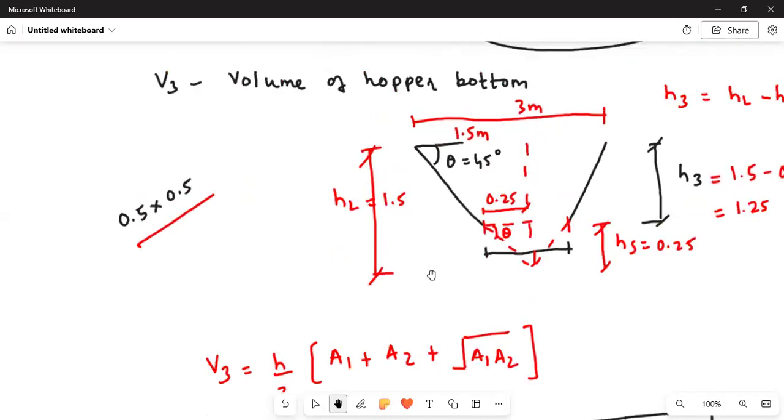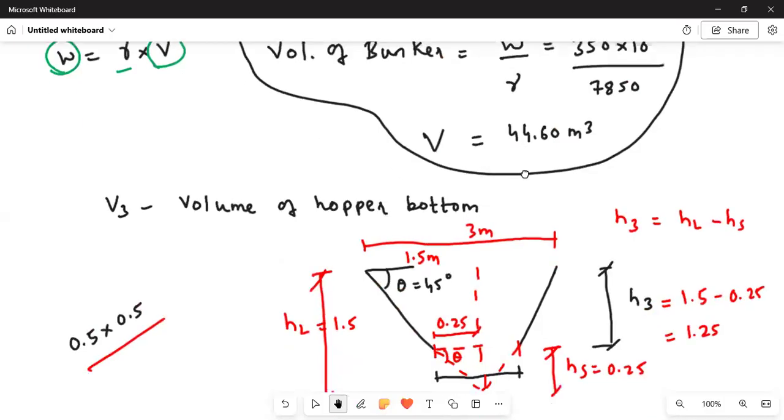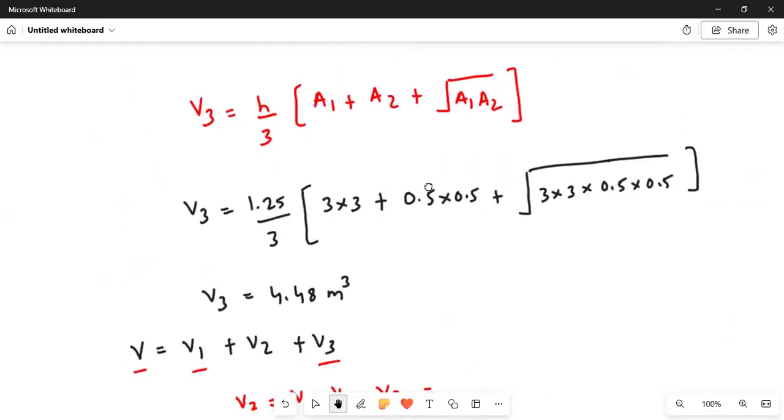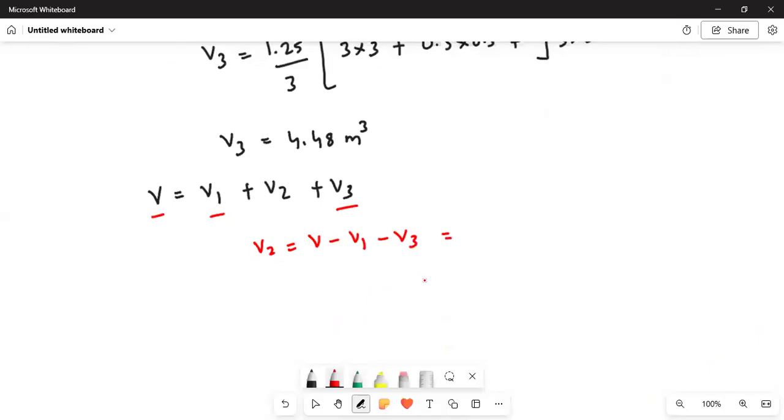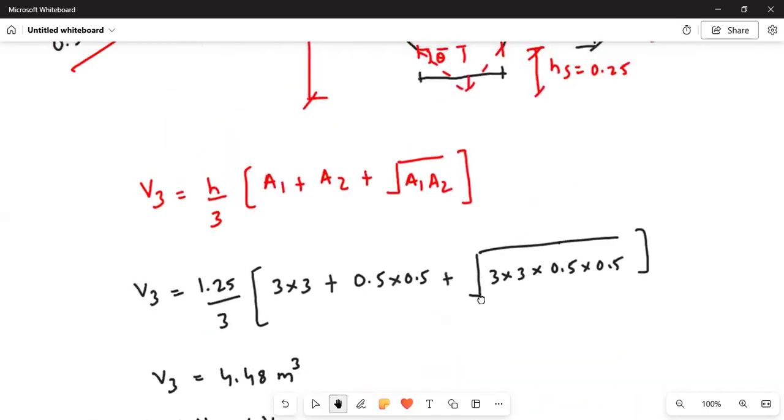Already we have calculated, V is 44.60. V1 is 2.61 and V3 just now we have calculated, that is 4.48. So V2 equal to 37.51 meter cube.